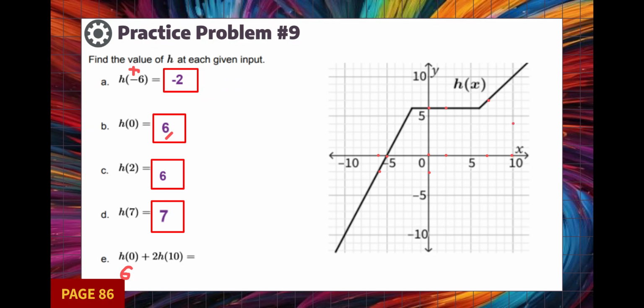That is 10, so 10 as well. So this is 10. Multiply by 2 because it's the outside number, and then you're going to add. So this is 20, so the answer is 26. That is correct. Alright?